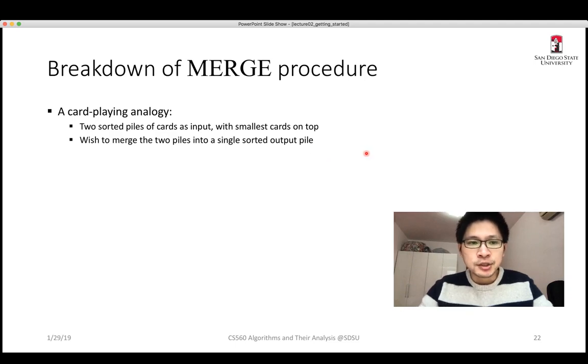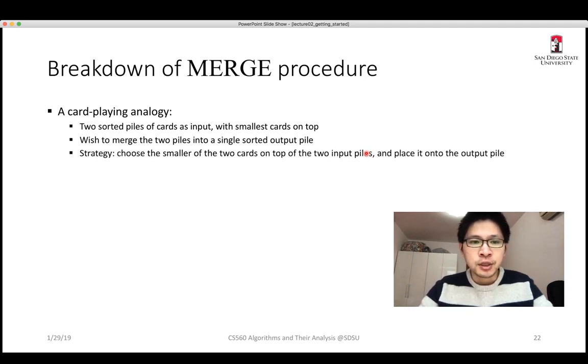The strategy is to choose the smaller of the 2 cards on top of each pile and place it onto the output pile. We repeat this step until one input pile is empty, and we just append the rest of the other pile to the output pile, and then we will have an output pile that's in sorted order.